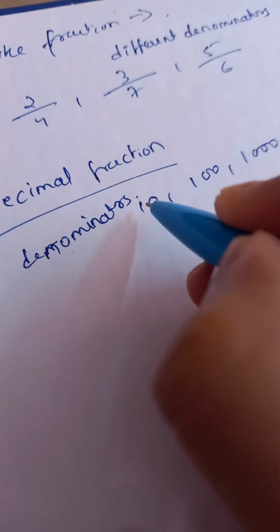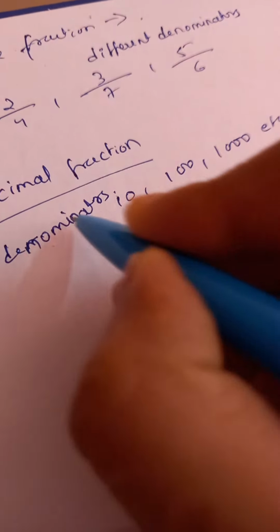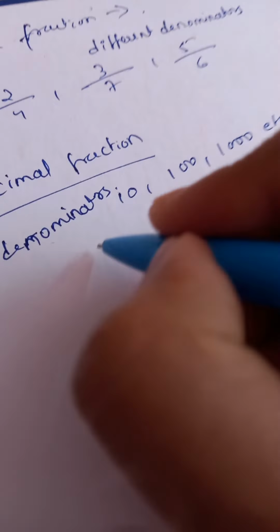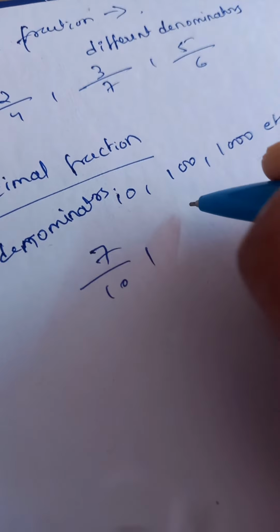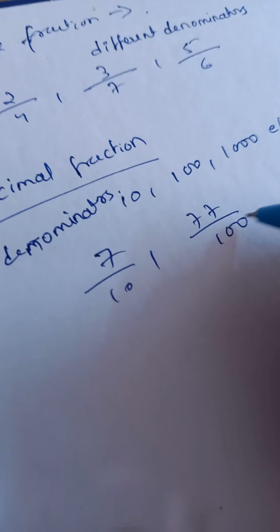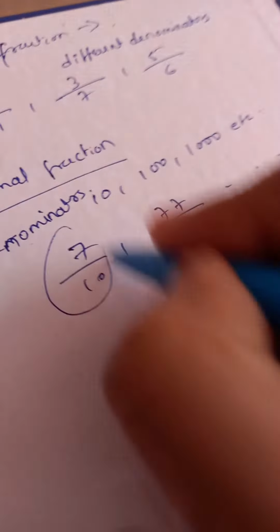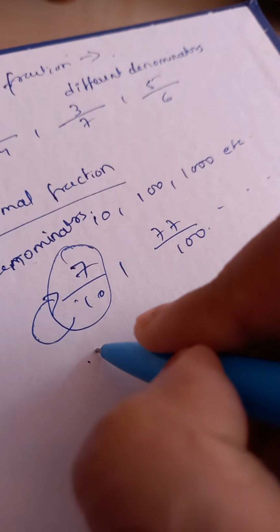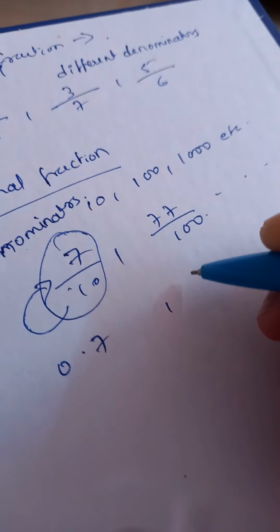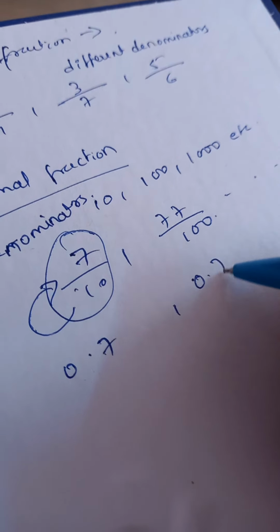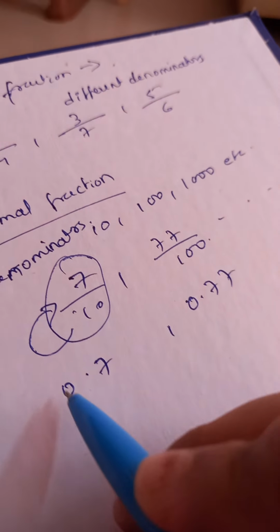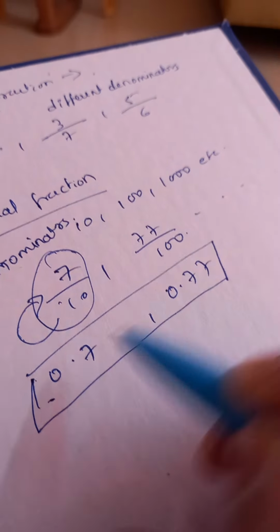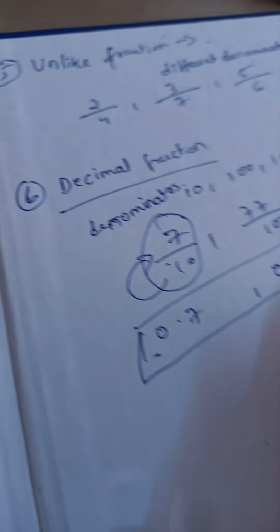It means if you divide the numerator by the denominator, you always get a decimal value. Like if I write 7 by 10 or 77 by 100, and I divide 7 by 10, I will get 0.7. I will get 0.77. So in each such fraction I'm going to have a decimal value.